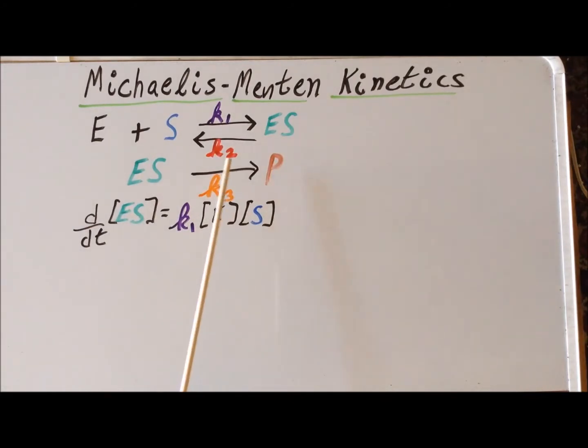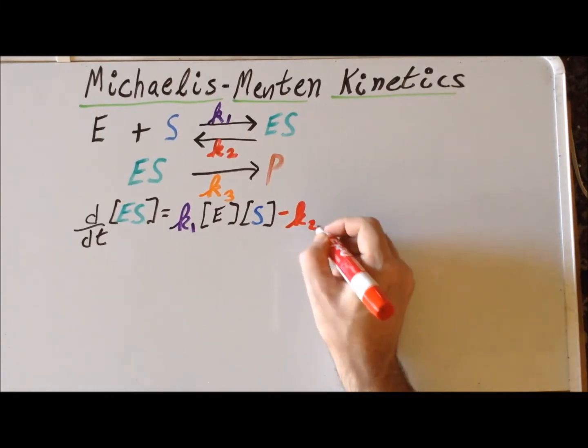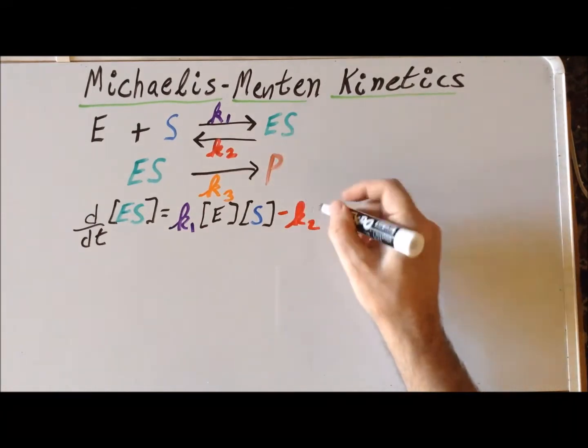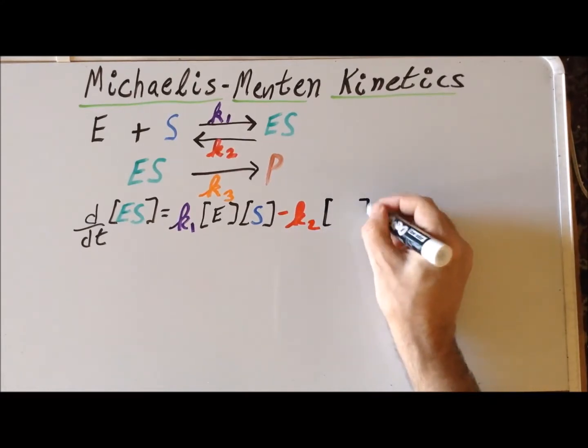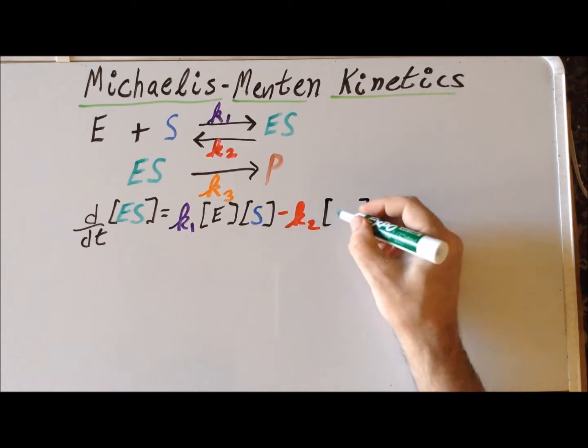There are two methods by which the concentration of the enzyme-substrate complex decreases. One of them is this separation of the enzyme and the substrate. So that happens with a rate constant K2. Since it's a decrease in the concentration, we have a minus sign. And then the total rate depends upon the concentration of the enzyme-substrate complex, which we have as ES here.